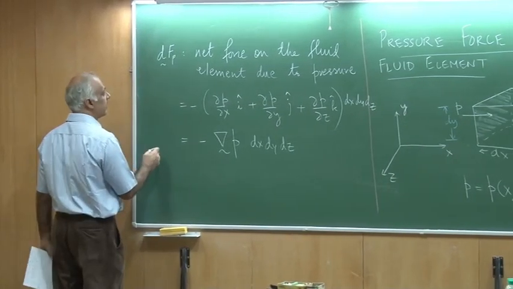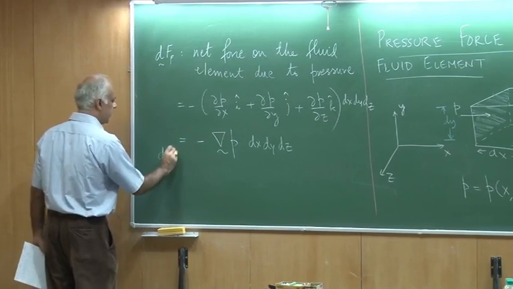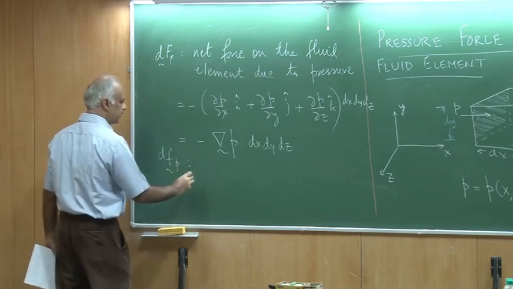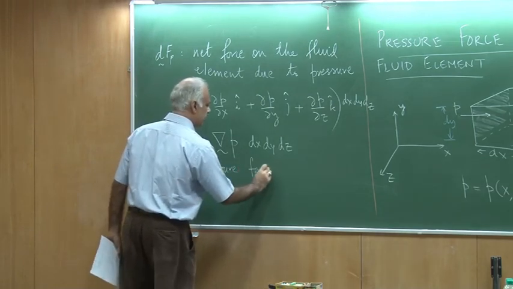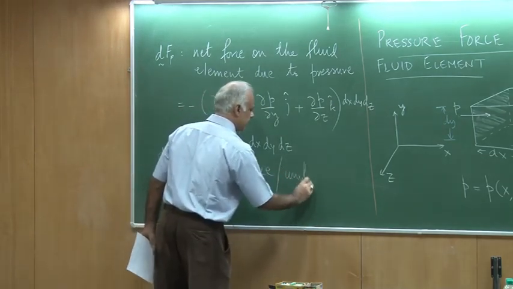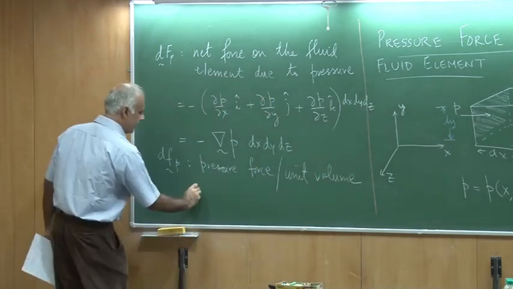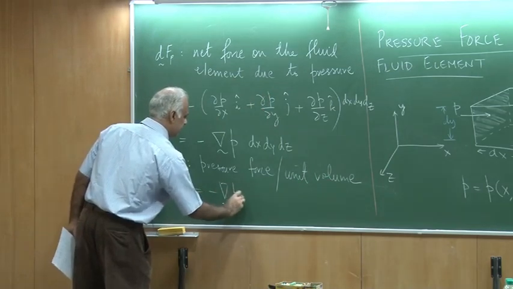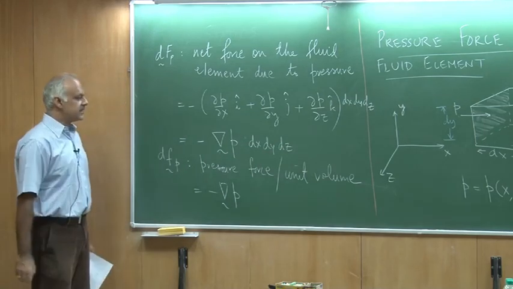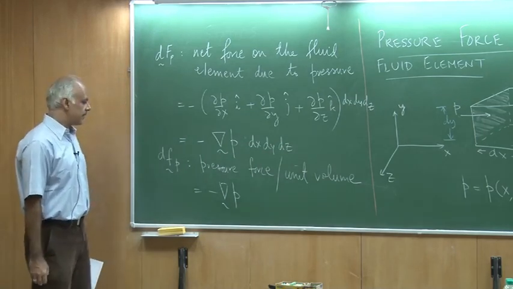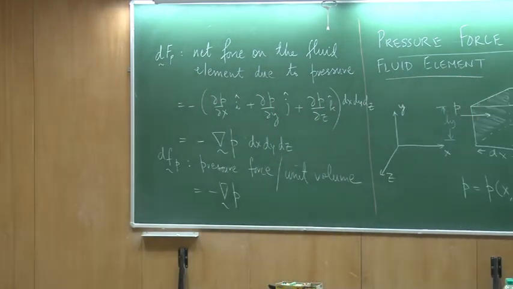So if I now write down the dFp as the pressure force per unit volume, then that is given as minus gradient of P, and I can get rid of this quantity here, which is essentially the volume of the element.